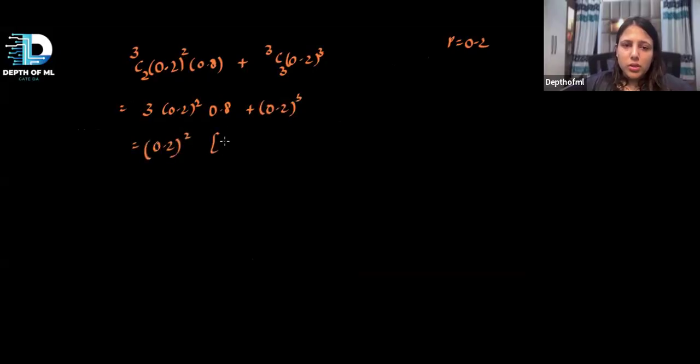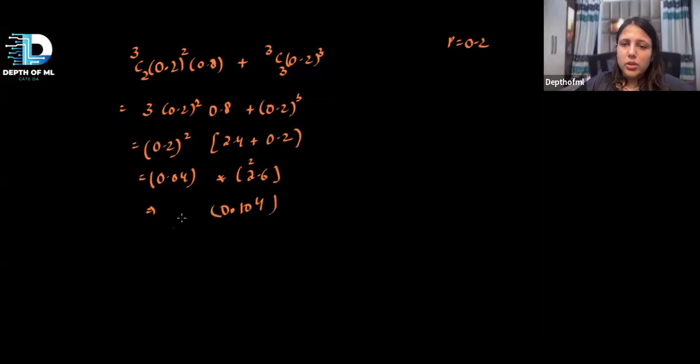This is 3 into 0.8, which is 2.4, plus 0.2, which is 2.6, times 0.04. Now 0.04 times 2.6 is 0.104. So my answer is 0.104.